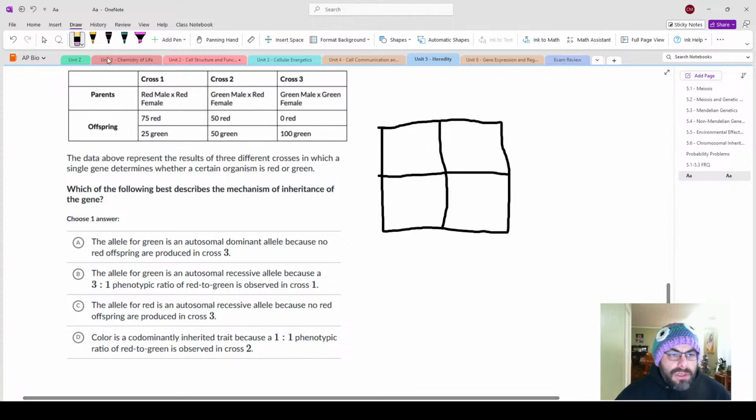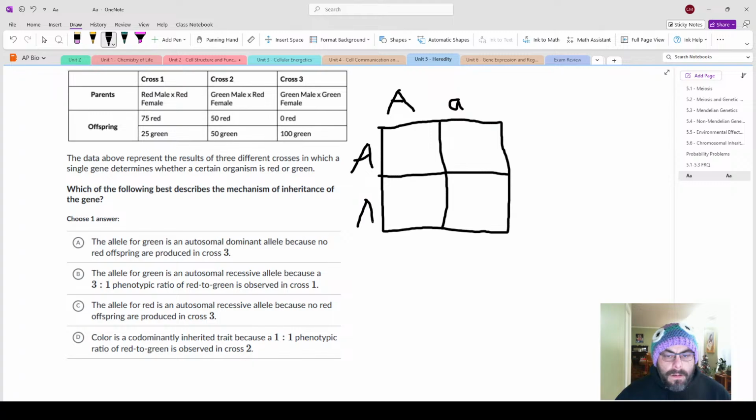I don't think it is, actually. I don't think it's sex-linked. Red. Okay, no, it's not. This is not sex-linked. This is cross 1, right? And see, this male-female stuff messes with your head. Wait, no. I put too many big A's. This is cross 1.